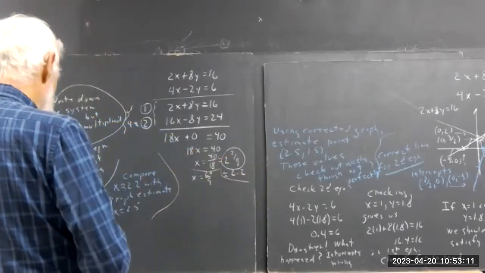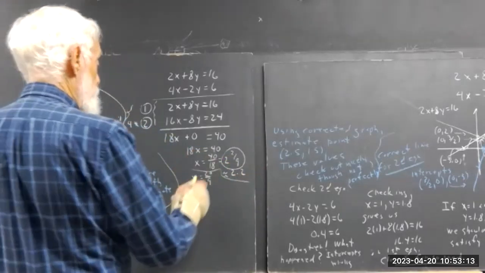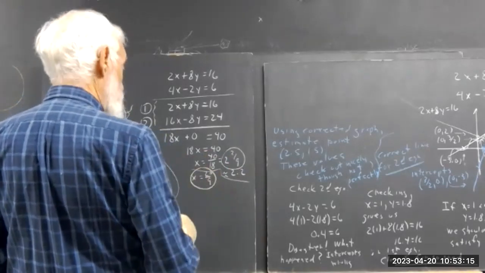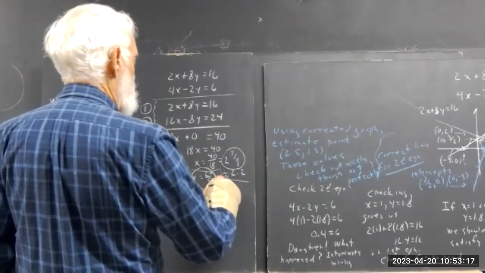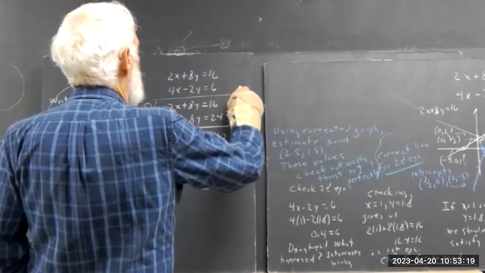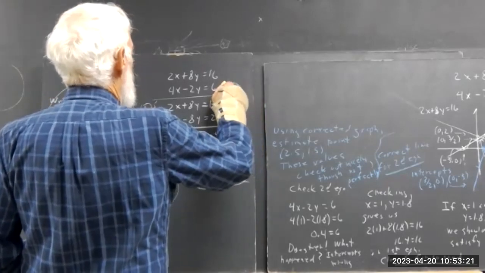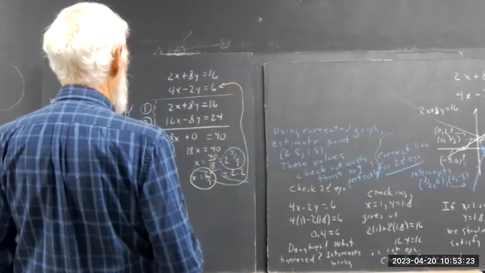So reducing 40 over 18, we get 20/9. We take this and plug it into the second equation.